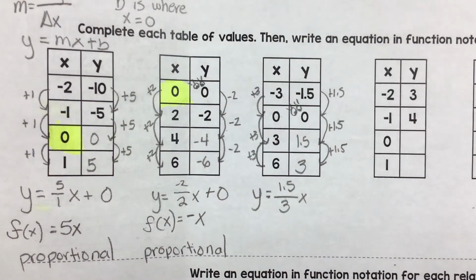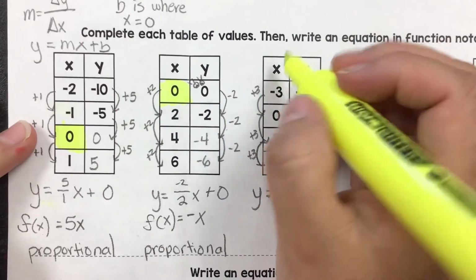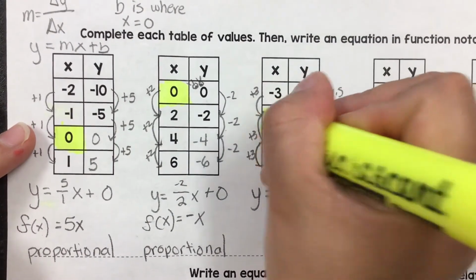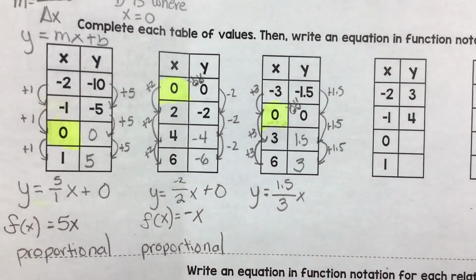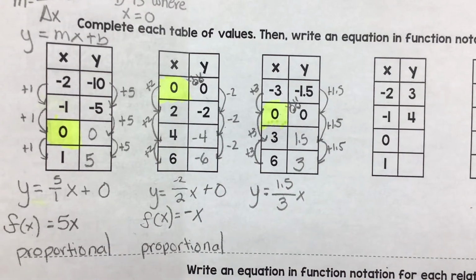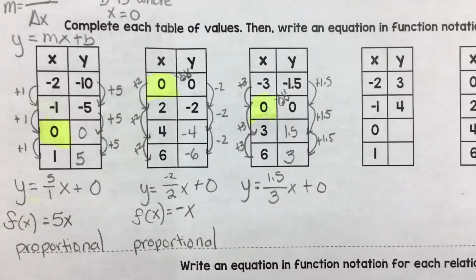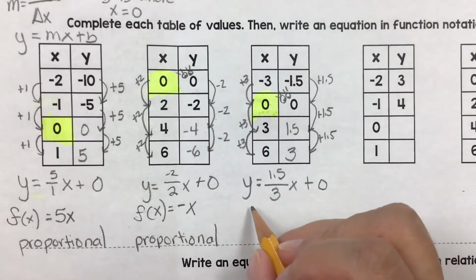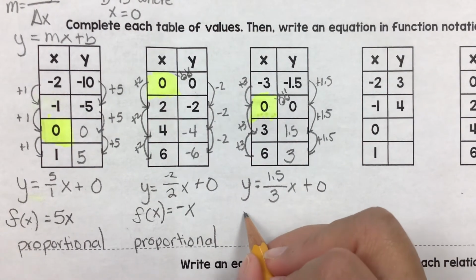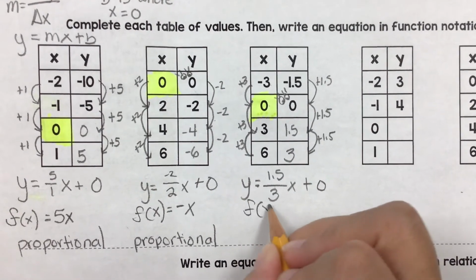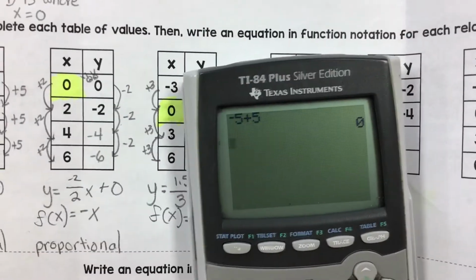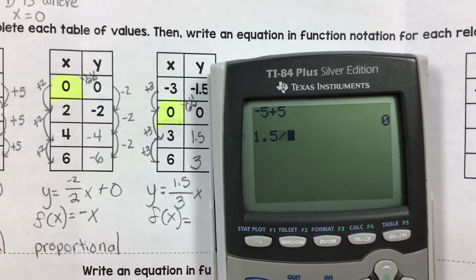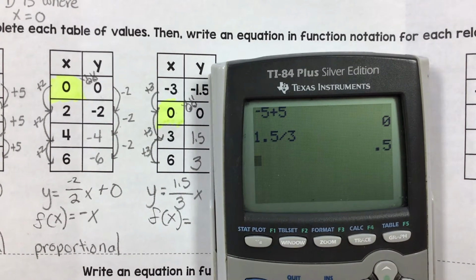Very good. The y value at the y-intercept, which is where x equals 0. And that would be plus 0. To write it in function notation, we write it as f of x is equal to, make sure you always simplify your fractions. 1.5 divided by 3 is 0.5.